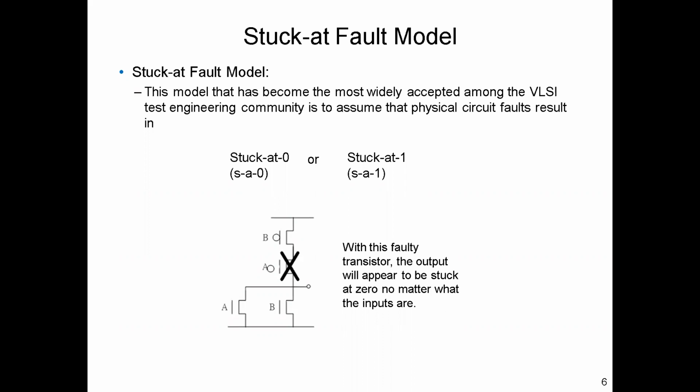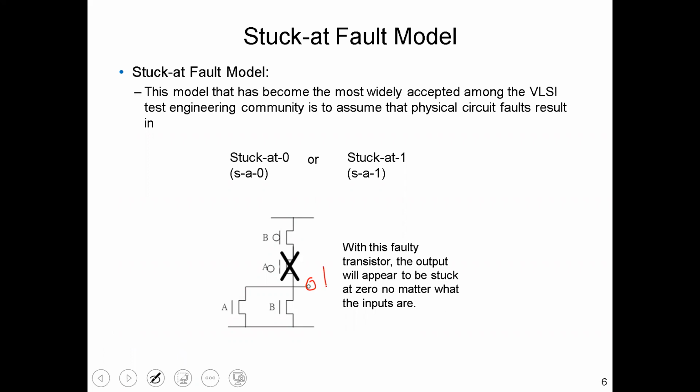Okay. So last time we learned this stuck-at fault model. So for whatever reasons of fault, a node in the circuit due to fault could be stuck at zero, logic zero, or stuck at logic one. So say this is a faulty node.